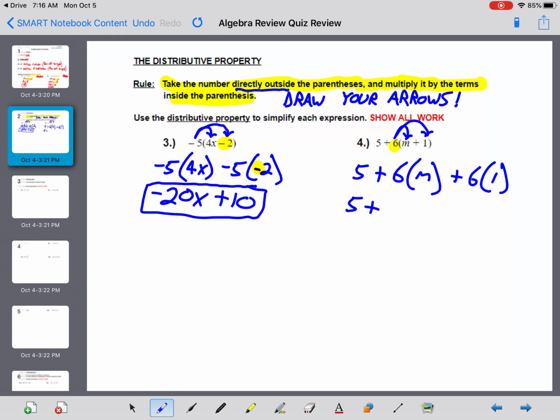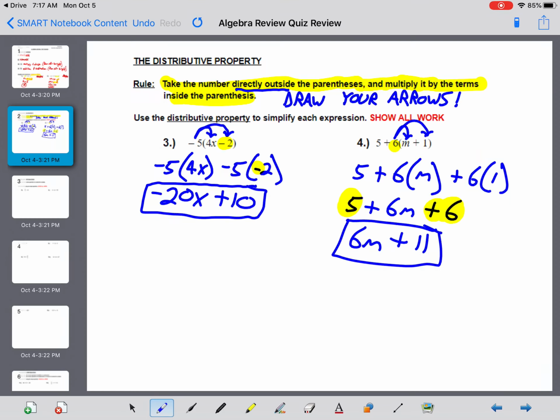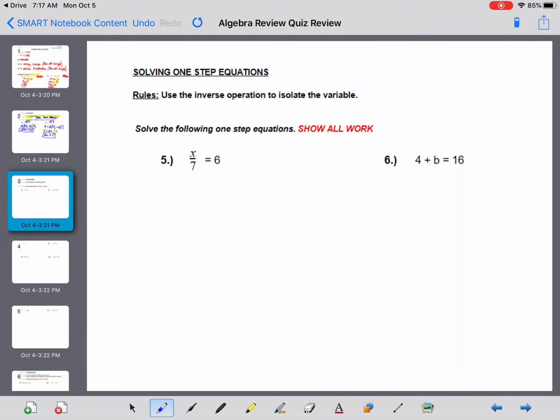If you simplify here, 6 times m is 6m, and 6 times 1 is 6. We do have like terms here, a regular 5 plus 6. So we have 6m, and 5 plus 6 makes 11. Okay, that's the distributive property.